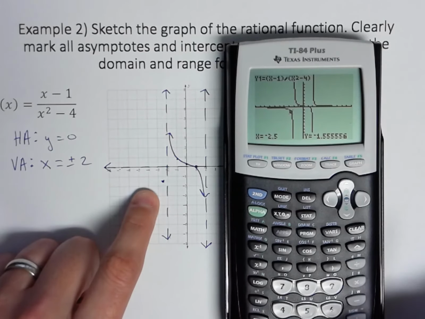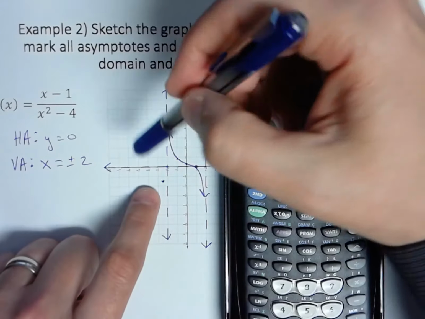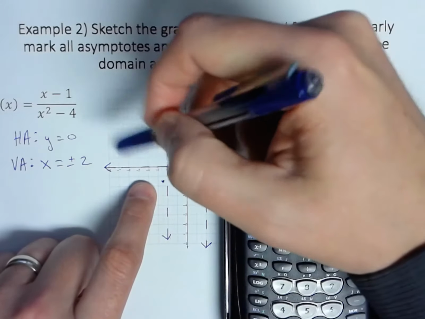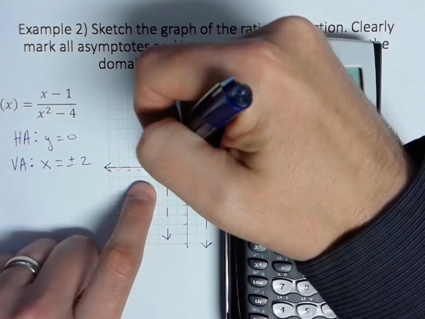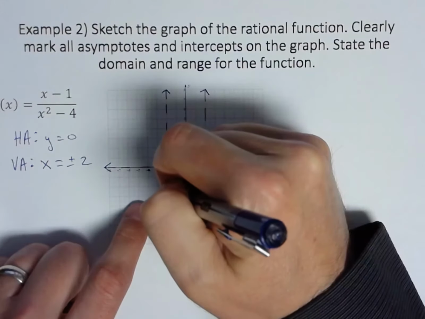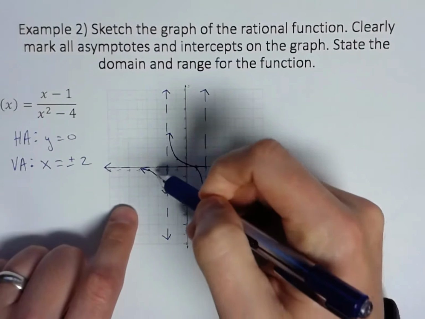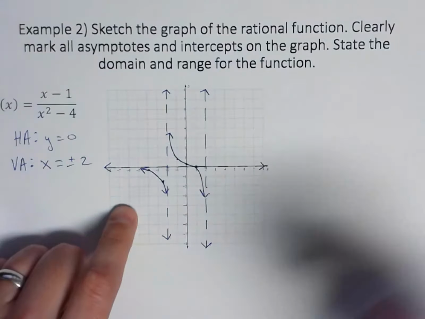How about negative 4? It's negative 5/12. So we are about in here. And honestly, that's probably enough. We know what it's doing. It's going like that, right? It's going to hug that asymptote.